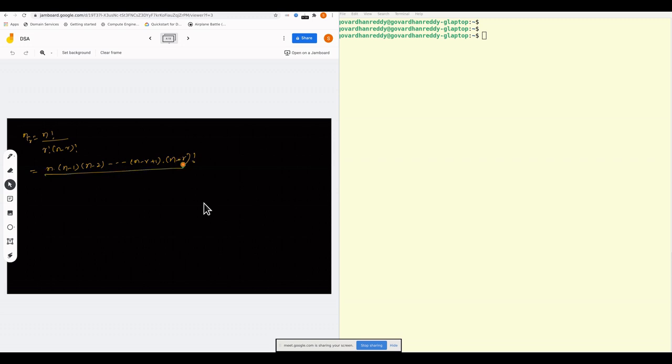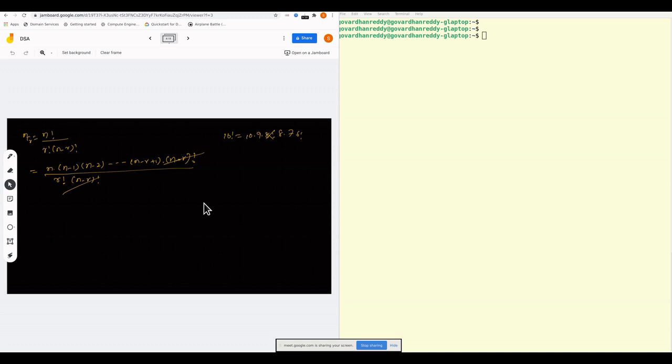For example, 10 factorial is equal to 10 into 9 into 8 factorial, or 10 into 9 into 8 into 7 into 6 factorial, and so on. We can write it this way, divided by r factorial into n minus r factorial, and of course you can just cancel these two out.